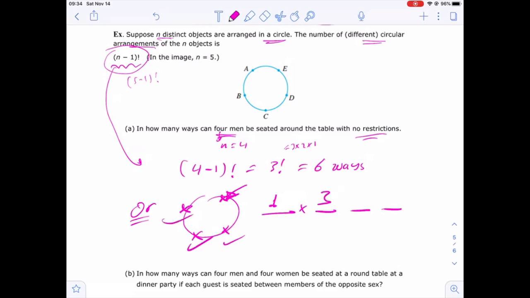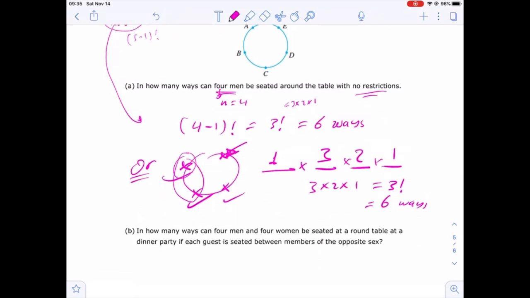For the third one, we only have 2 seats left, and for the last one we only have 1 seat left. So that means we have 3 times 2 times 1, which is equal to 3 factorial, which is 6 ways of arranging those people.